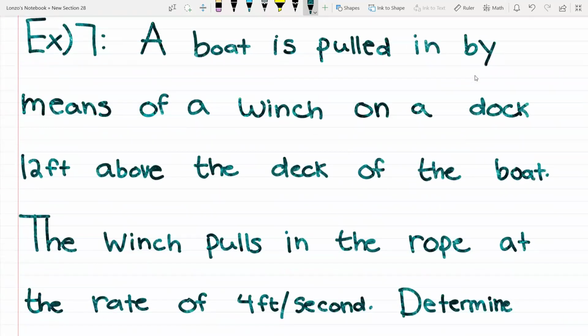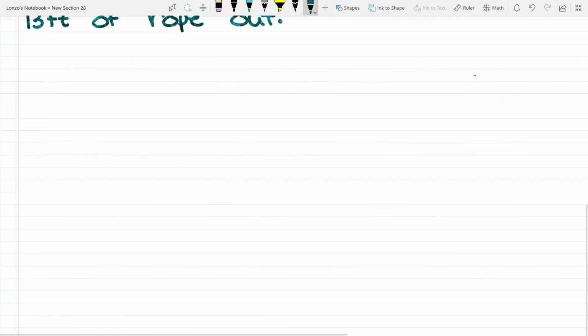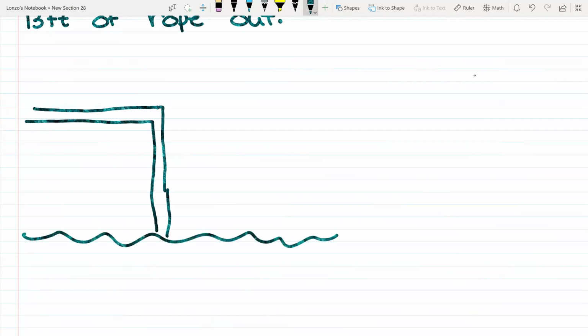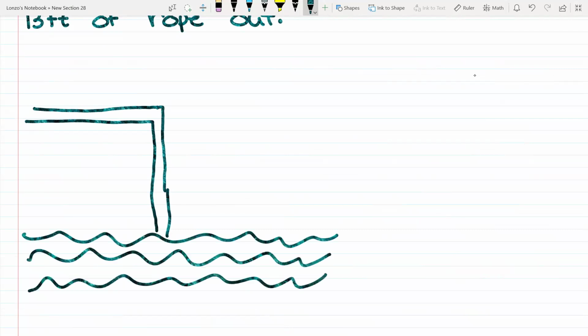Okay, so I'm going to draw an image. So here we have a dock. Right here is like a dock, and then here is the ocean or the water. And then here is the boat.